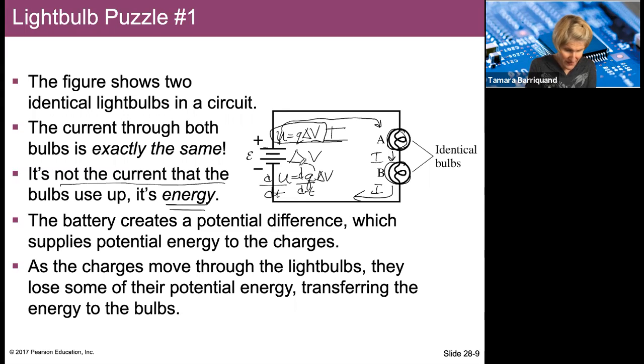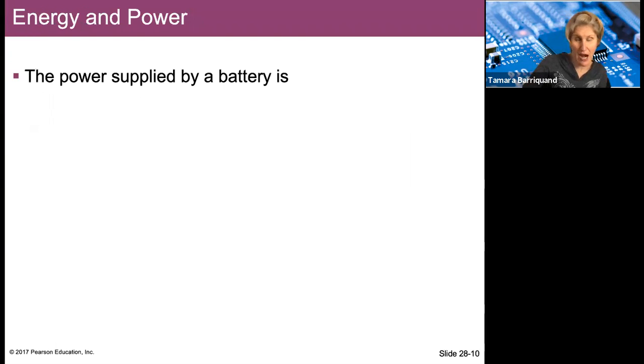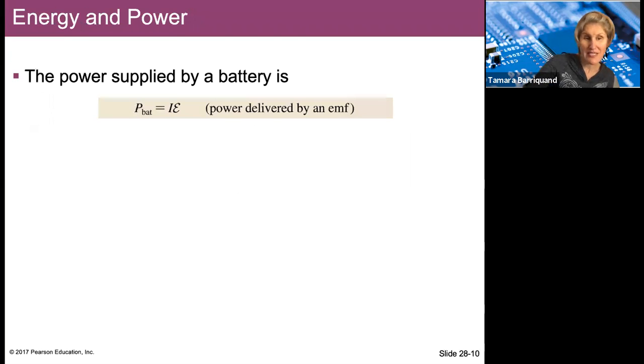And we know that this dQ/dt right here is equal to I. And so the power is equal to I times delta V, which for our battery is equal to I times the EMF. So if we want to see the power supplied by a battery, the power is equal to the current I times the EMF.